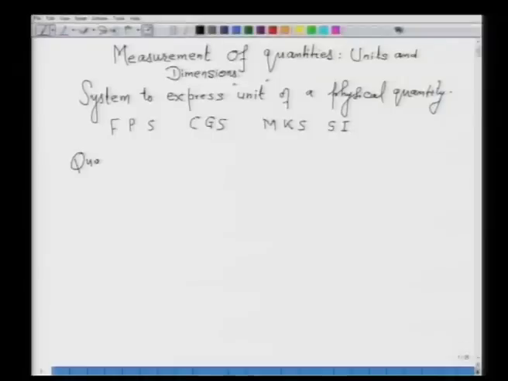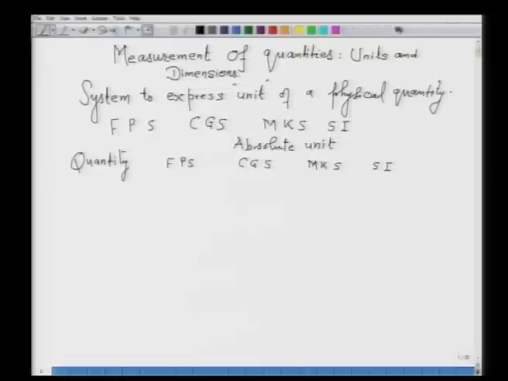Now, I am giving the table. Say for example, if I write here a quantity, then I put here absolute unit, and then first I will put the FPS system, CGS system, MKS system and SI system. Now, here itself I would like to differentiate between the 2 types of units.